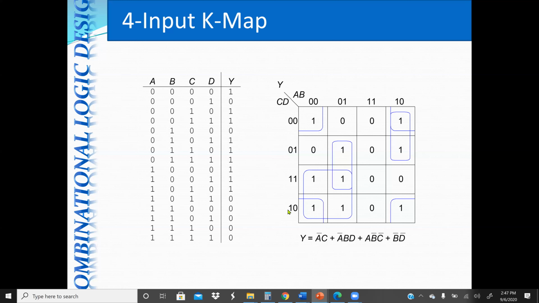C is 0 and 1, so they cancel. Then we look here at this section, then we come here and look at the same thing. 0, 0, 1, 0, so 0 and 1 will cancel. So you're left with only B invert, the last 0 and the 0 here. So that's why the last we have B invert and D invert.